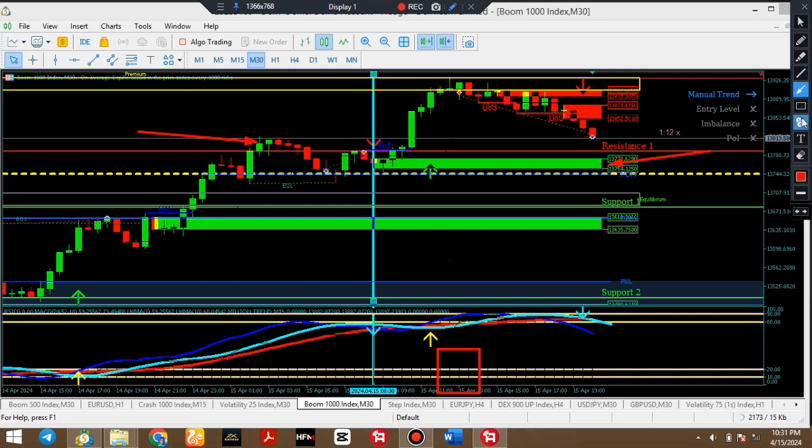So don't joke with it. I'm not saying it's not going to break through, but it's going to find it a bit difficult before it finally penetrates through. So this is why I definitely pushed my TP up to avoid the noise that is going to occur later.